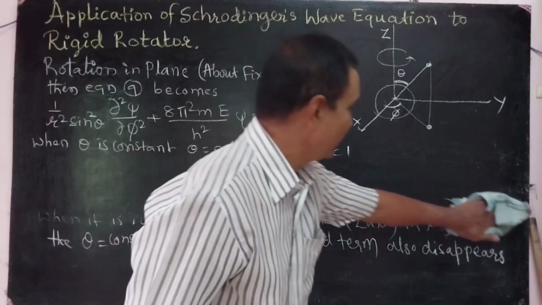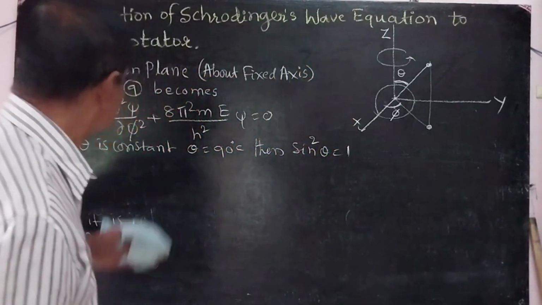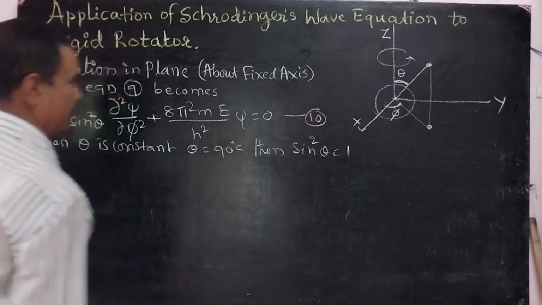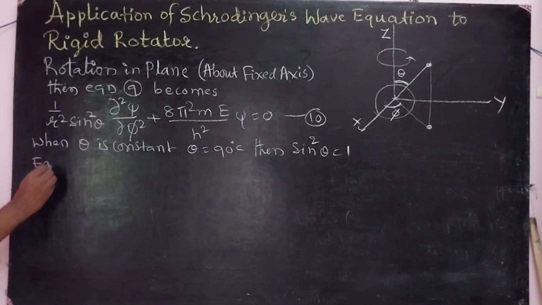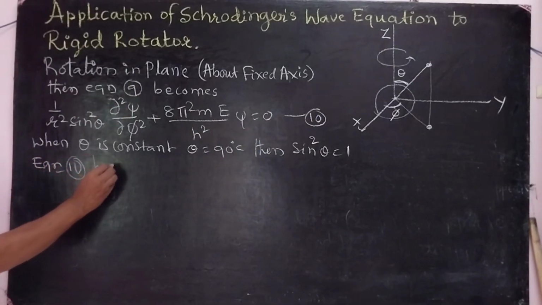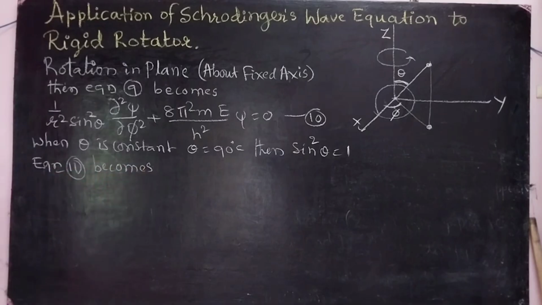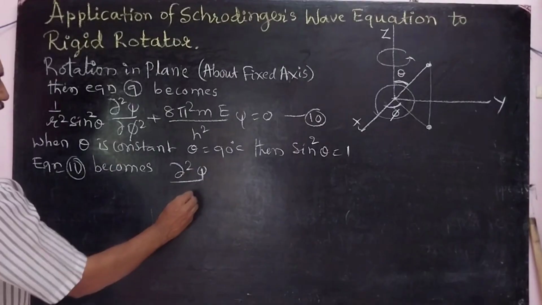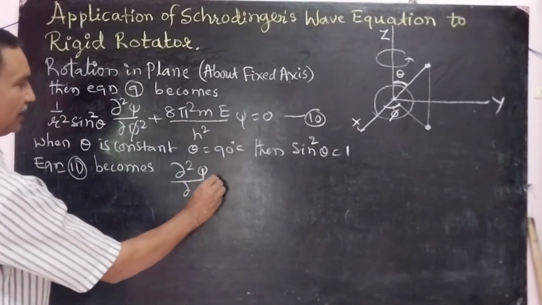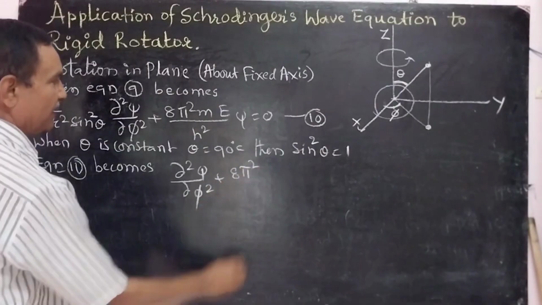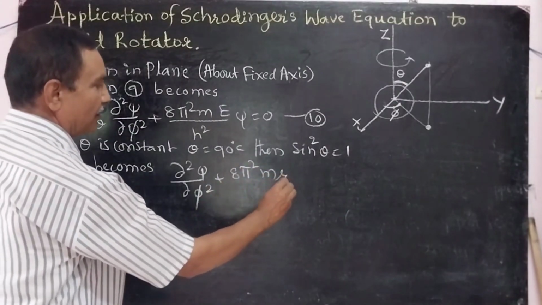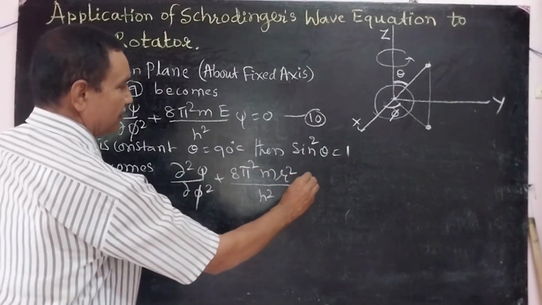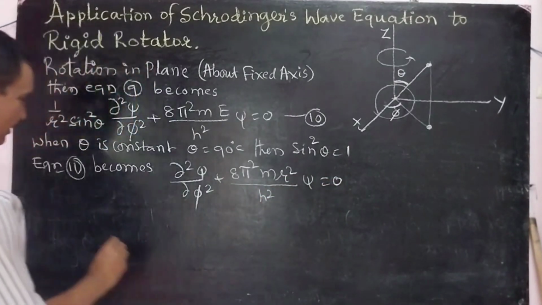Then equation 9 becomes, suppose this is equation 10, then equation 10 becomes dou square psi divided by dou phi square plus 8 pi square m r square divided by h square psi equal to 0.